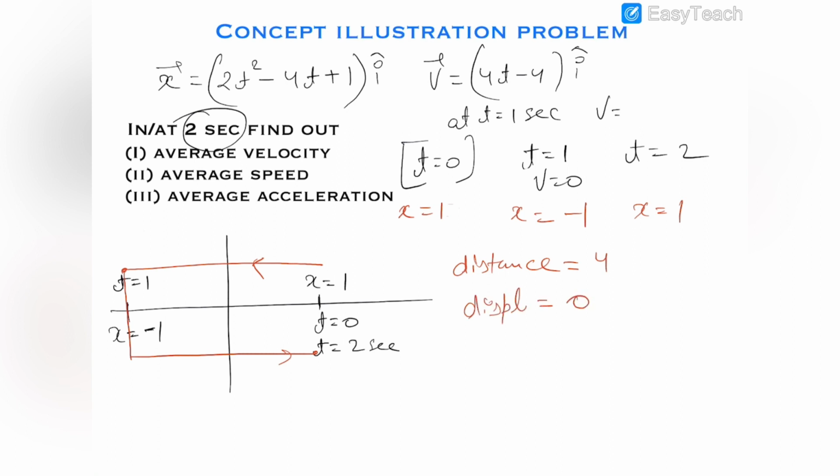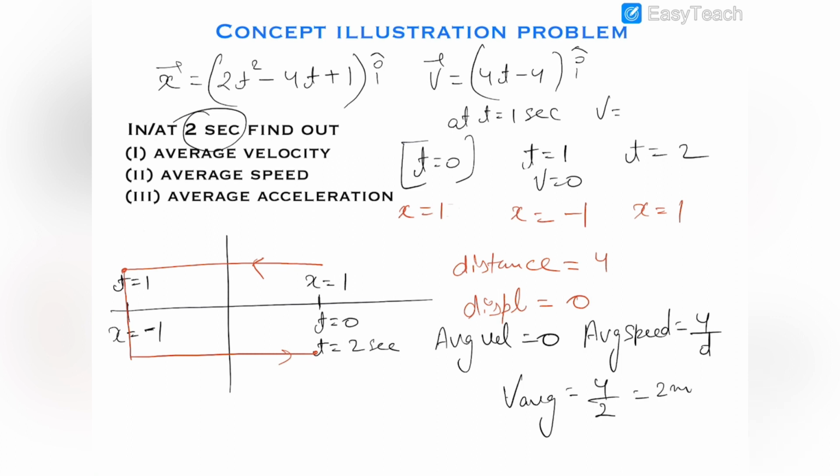So the average velocity is 0, but the average speed is 4 upon the time, and the time taken by the particle is a total of 2 seconds. So the average speed is 4 upon 2, which is 2 meters per second.